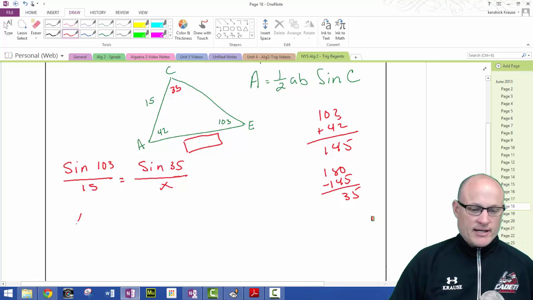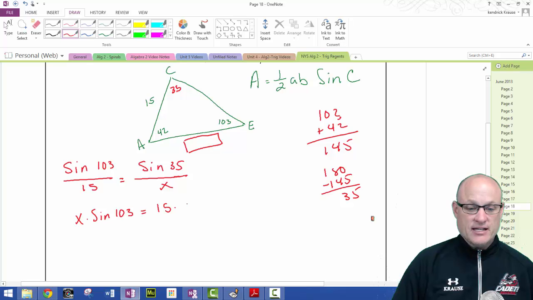Cross multiply. I get x times sine 103 equals 15 times sine 35. Divide by sine 103.